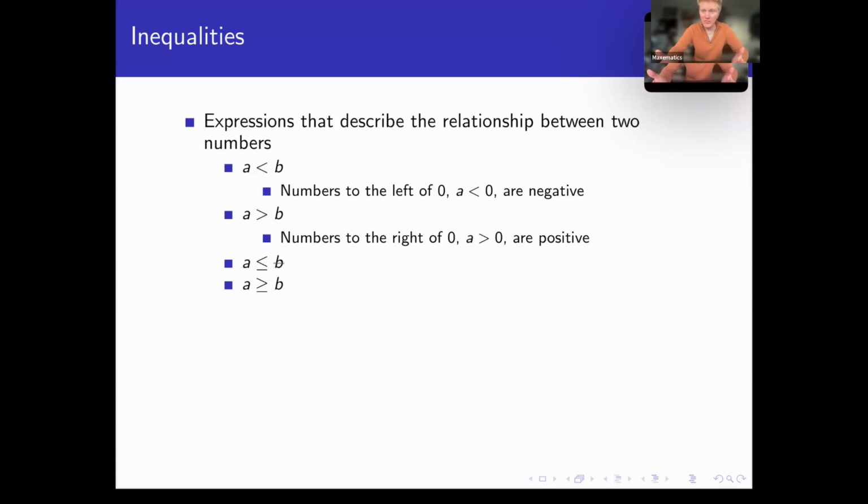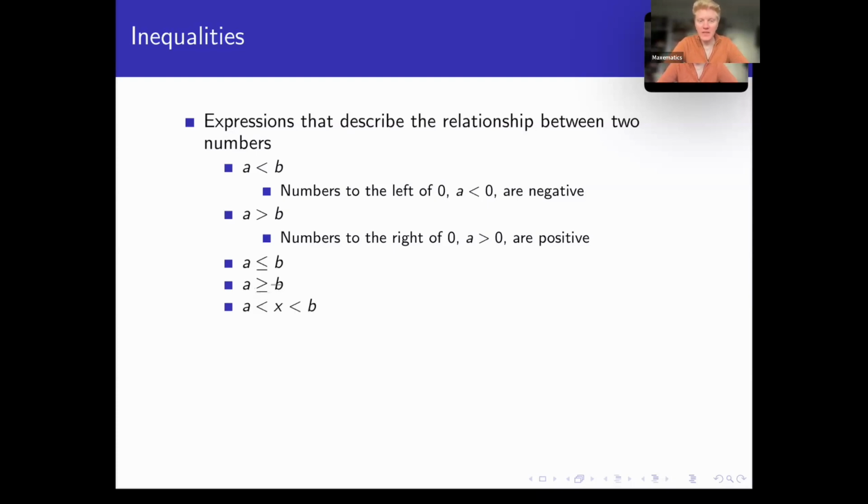We know that 2 does not equal 3, but it does still fit this mold of less than or equal to 3. Now, 3 is not less than 3, but 3 is less than or equal to 3. So that's the only added thing. We allow that specific value to now be included. And same thing here. 4 is greater than or equal to 3, but 4 is also greater than or equal to 4.